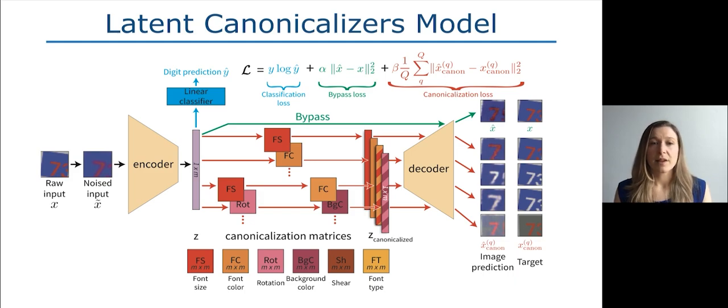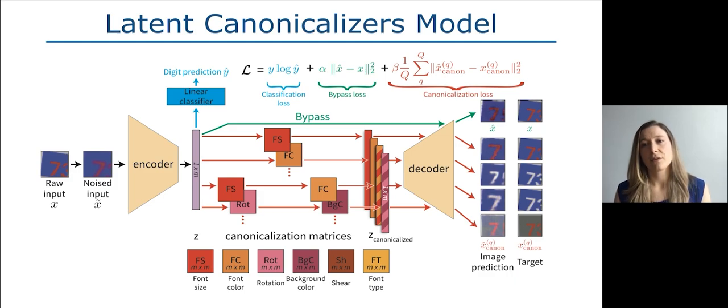If we've placed the latent code through a sequence of transformations, namely the third red row, which goes first through the font size and then through the font color, we'd like to be able to decode that latent representation into a 7, which has the same background color as initially shown and the same font type, but has been canonicalized according to font size and according to font color.